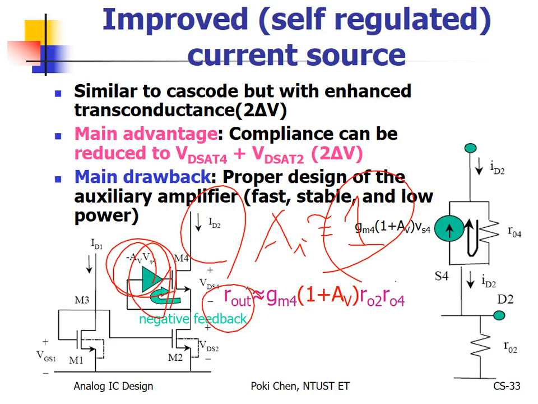But you need to be very careful. Enhanced according to your need. If you would like to make the output resistance higher, then it will become higher. If it needs to be lower, then it will be reduced by such an amount.